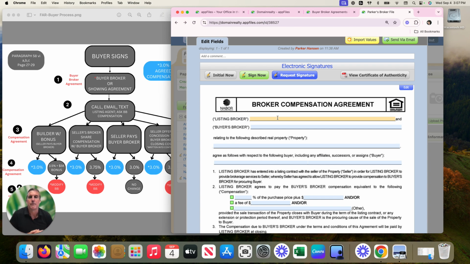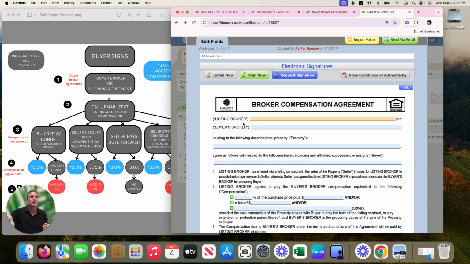If you have a FAR buyer broker agreement signed, you have an agreement between a buyer and Domain Realty. You can use the NABOR broker compensation agreement. And why is that? Because the agreement is between a listing broker and the buyer's broker.